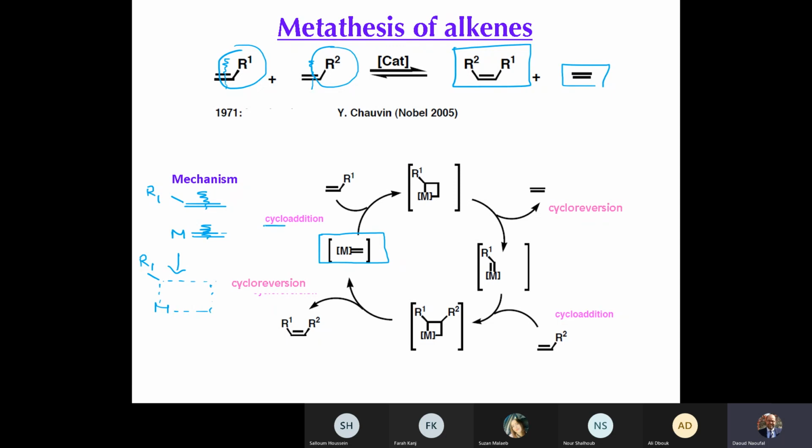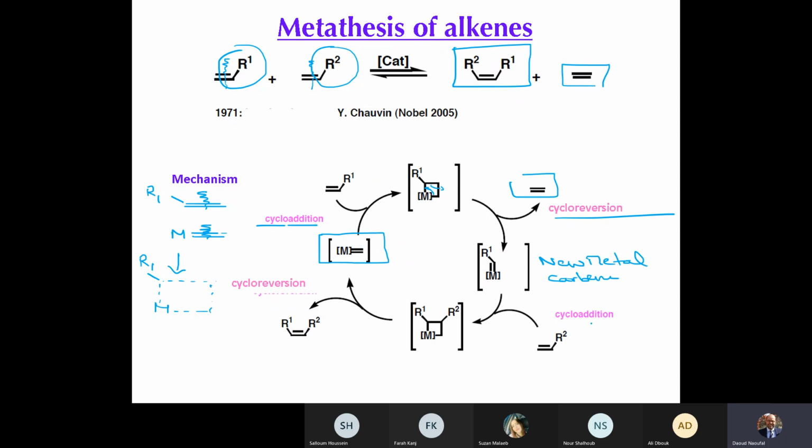We have formation of a cycle and we have addition of the ligand. So we obtain this structure. Then we have the cycloreversion. So this is the bond and we have formation of alkene. This is the cycloreversion to obtain the new metal carbene. This metal carbene is different from the initial metal carbene.